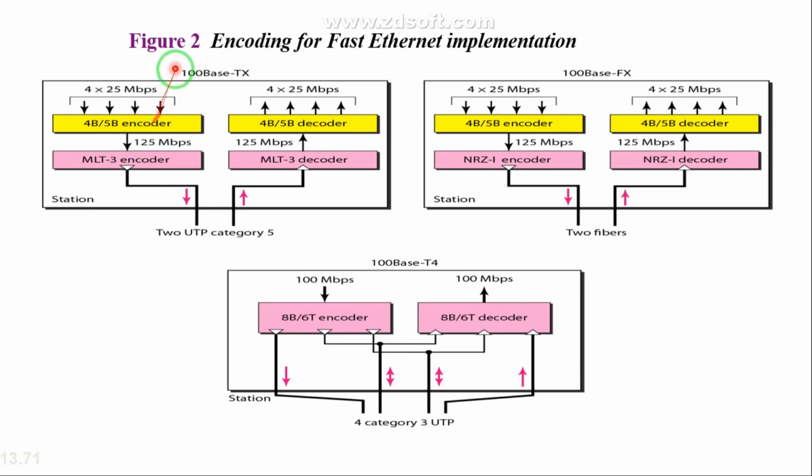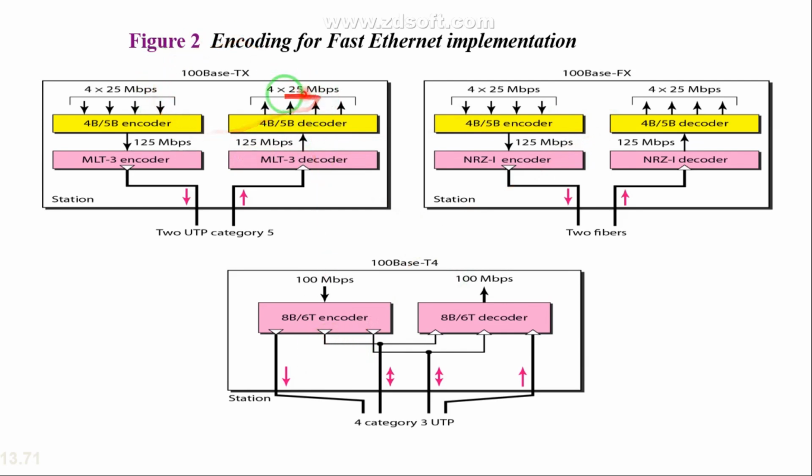But using only one scheme is not going to perform equally well for these three implementations, that is 100Base-TX, 100Base-FX, and 100Base-T4. So we use a different encoding for each of these implementations.